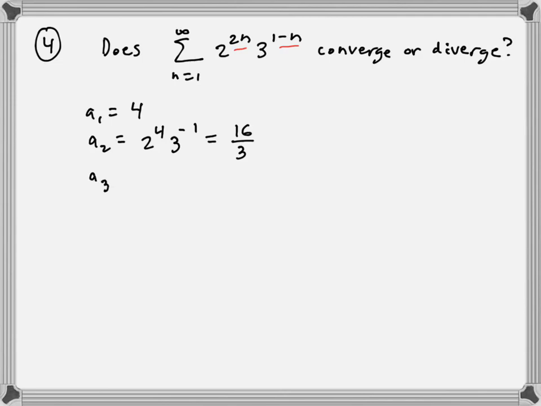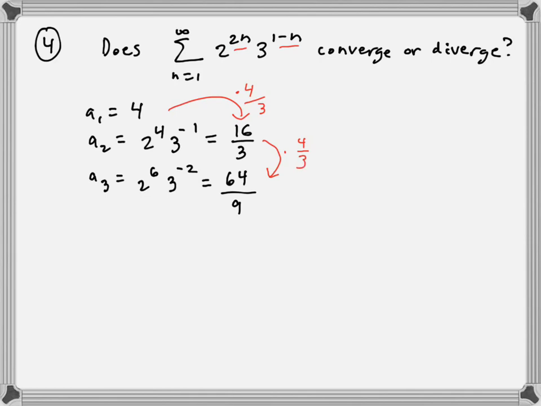What's a3? 2 to the 6th power, 3 to the negative 2. This is 64/9. Is this geometric? Yes, we're multiplying each term by 4/3, right? To get here, times 4/3.